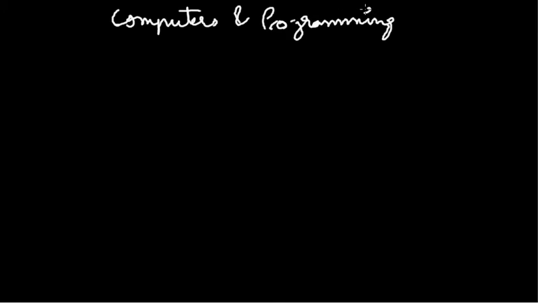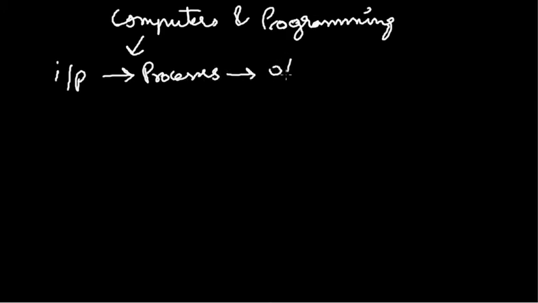Now let's discuss the next topic on computers and programming. Computers and programming. Okay, so we have seen that a computer is a machine that takes input, processes it, and gives output.